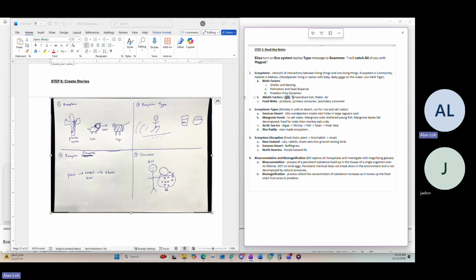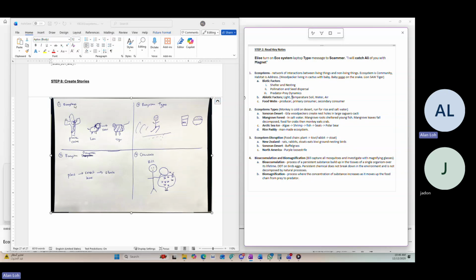You have a tiger that is living in the hot environment, and you have a tiger that is living in the snow. So T makes sense to be associated with tiger, temperature, hot and cold. Right. So you don't need to memorize light, temperature, soil, water, air so hard. You just need to remember lion saw tiger. Right. So this is drawer number 1.